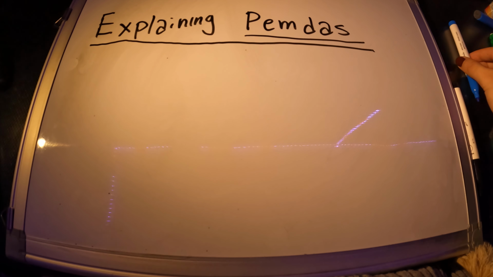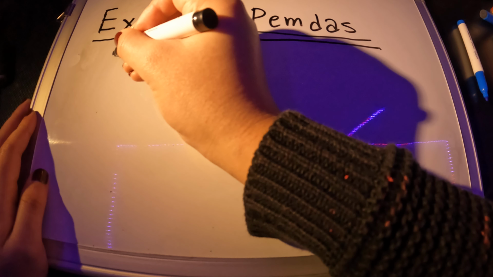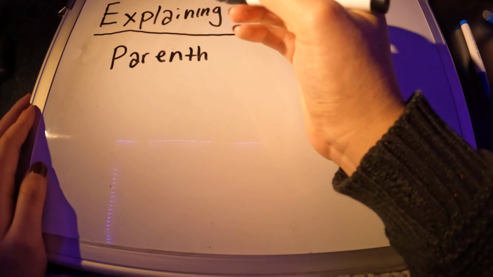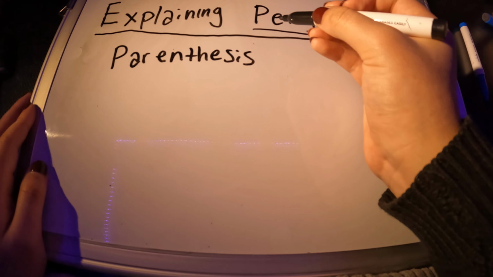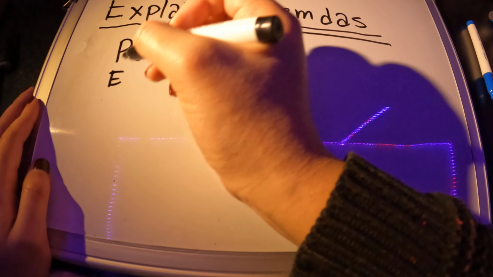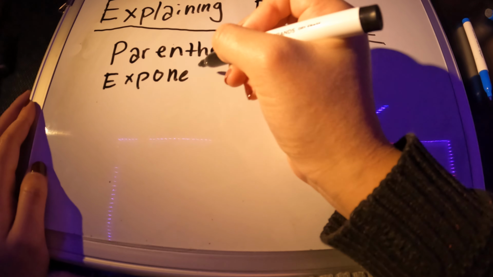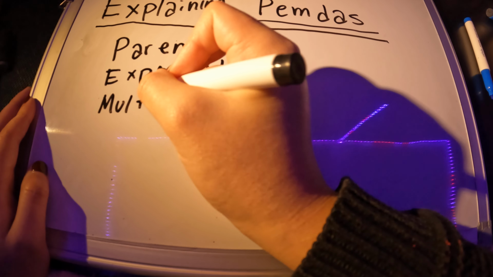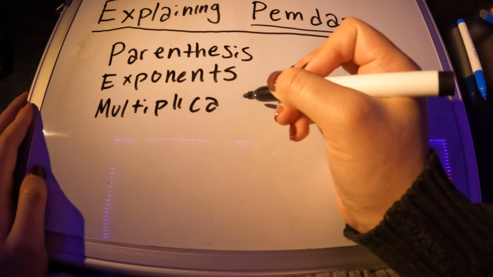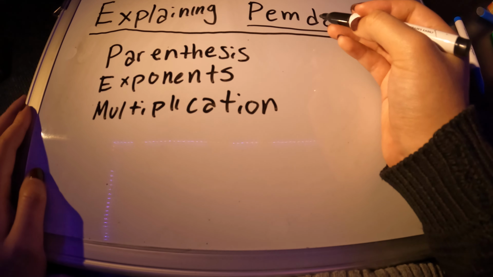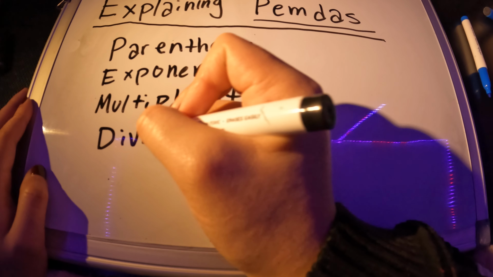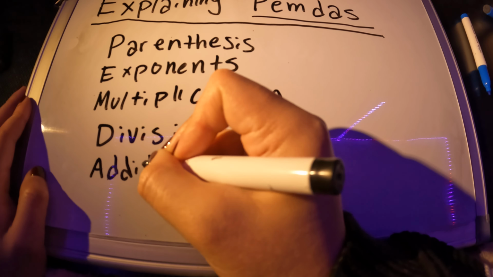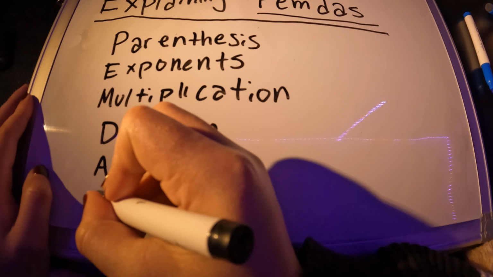What PEMDAS stands for is: the P stands for parentheses, the E stands for exponents, the M stands for multiplication, the D stands for division, the A stands for addition, and lastly the S stands for subtraction.